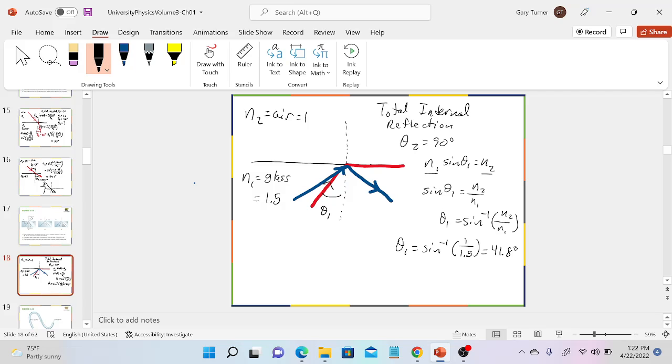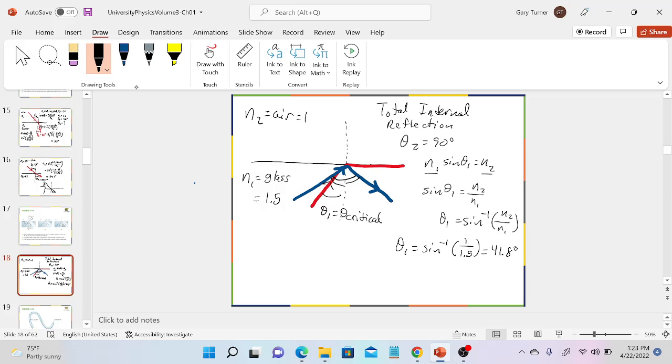So once you increase past this critical angle, okay, then you get total internal reflection. And this angle and this angle are the same, right? And that incident angle for the blue light is going to be larger than the critical angle between the two media. So that is the issue of total internal reflection.